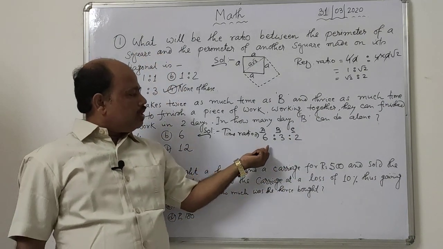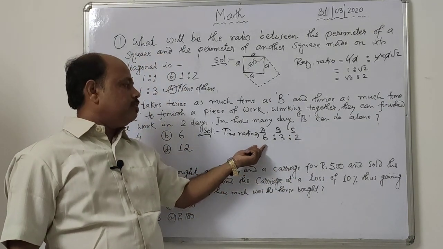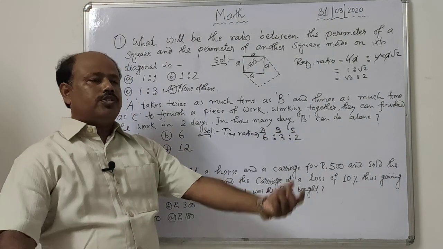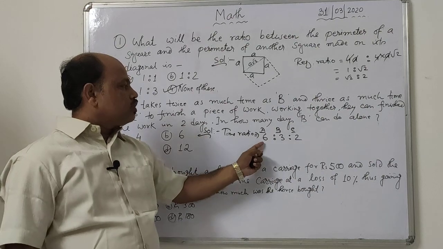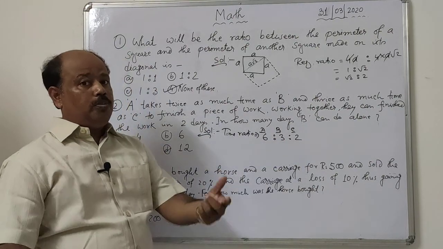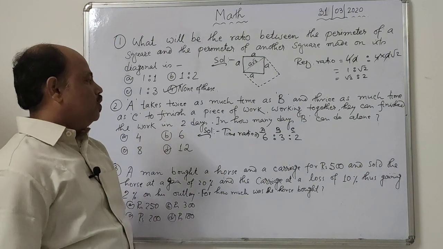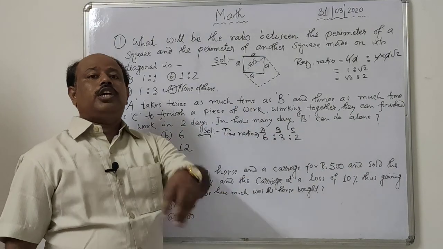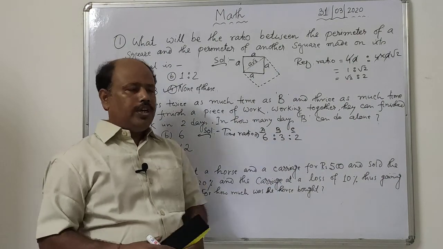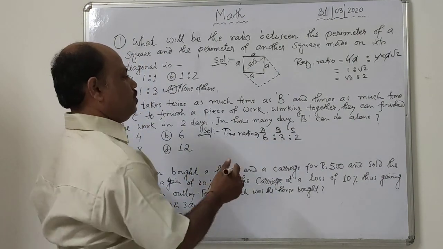Look, A takes 6 units time, B takes 3 units time and C takes 2 units time because A takes twice time of B and thrice time of C. Assuming this type of ratio satisfy the question. 6, 3, 2.